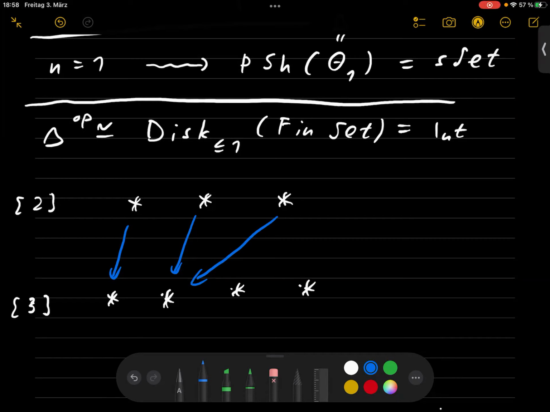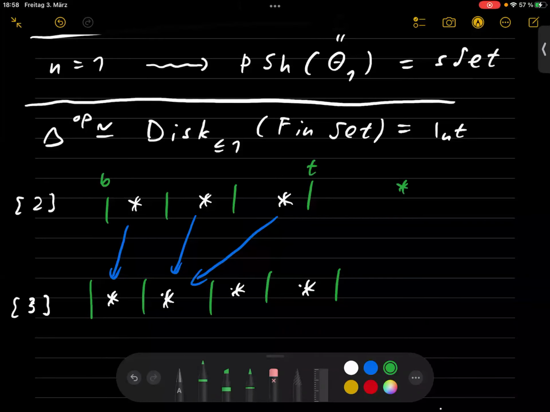And now to get the dual morphism in intervals, you just insert bars like this between every combination here. And if you also insert them on the outside, then you have this being the bottom, this being the top, and they're disjoint, because we have at least one point in the middle and then at least two on the sides.